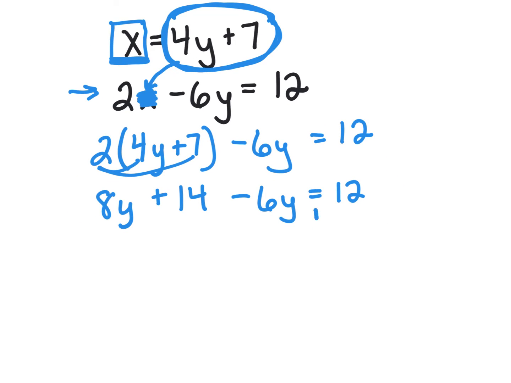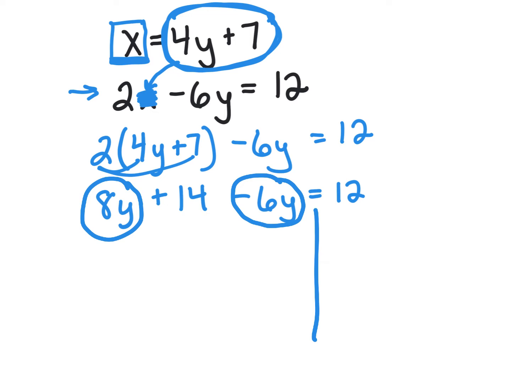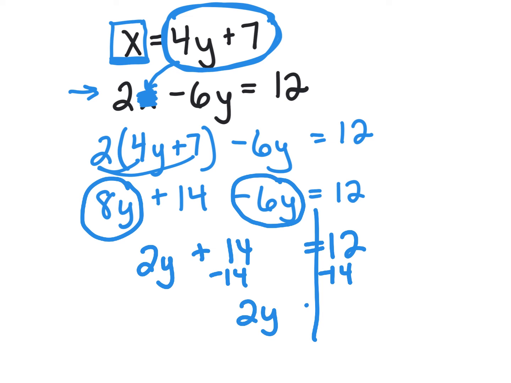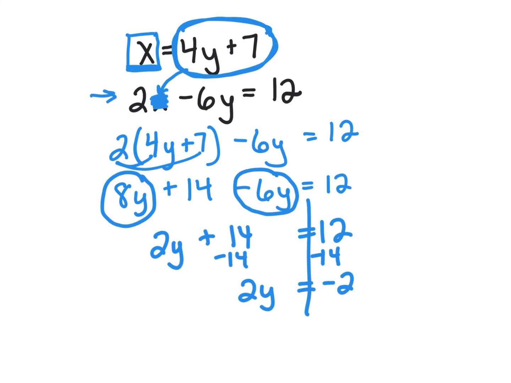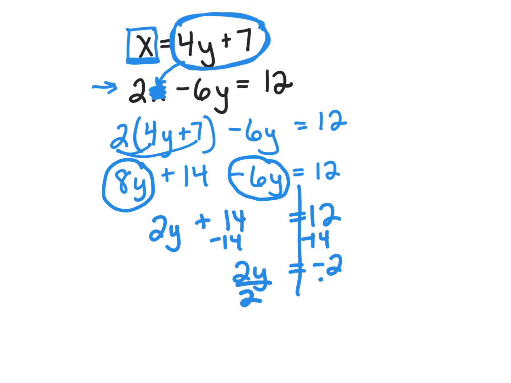And then I'm going to put together these like terms. Since this 8y and minus 6y are on the same side of the equals, they go together, and then I'll have 2y plus 14 equals 12. And now I'll subtract 14 from both sides to get 2y equals negative 2. And divide by 2 to get y equals negative 1.